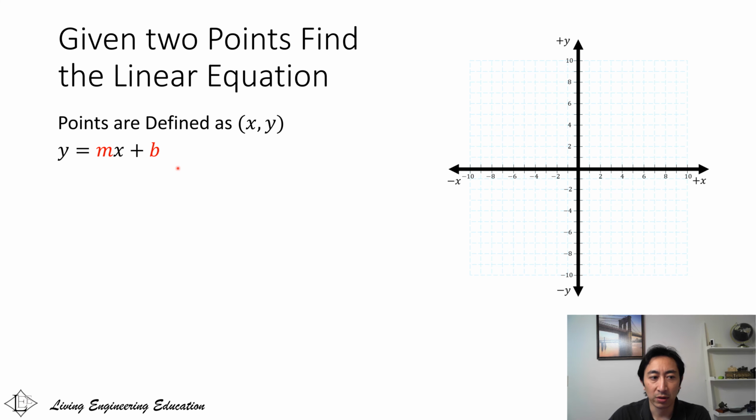With 2 points, we can define a line. With 2 points, we can define the slope m and the y-intercept b. Remember, the slope is represented as rise over run, or delta y over delta x, and b is our y-intercept, basically where the line intercepts the vertical axis. So we can define that by giving another point at x equals 0.